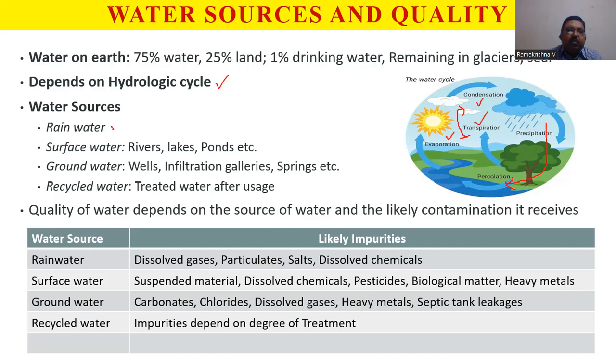Rainwater is the major source, and at the surface we have rivers, lakes, and ponds. For groundwater we have wells, infiltration galleries, and springs. Also, after using this water, some of it becomes waste. So we have wastewater treatment and recycling plants, and we recycle this wastewater and use it for different purposes, maybe for gardening.